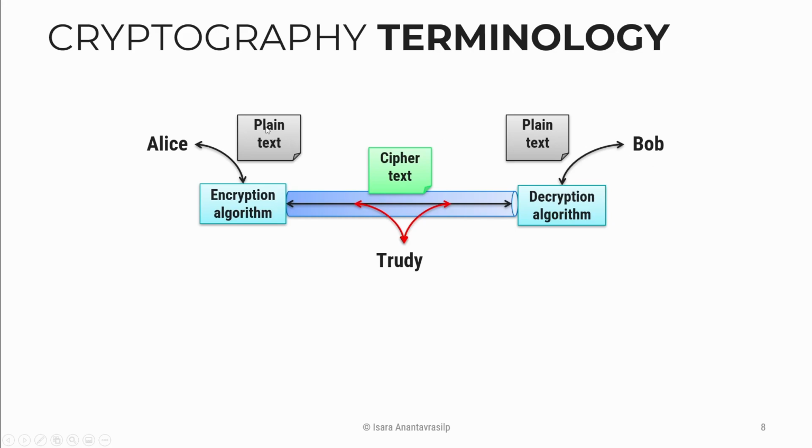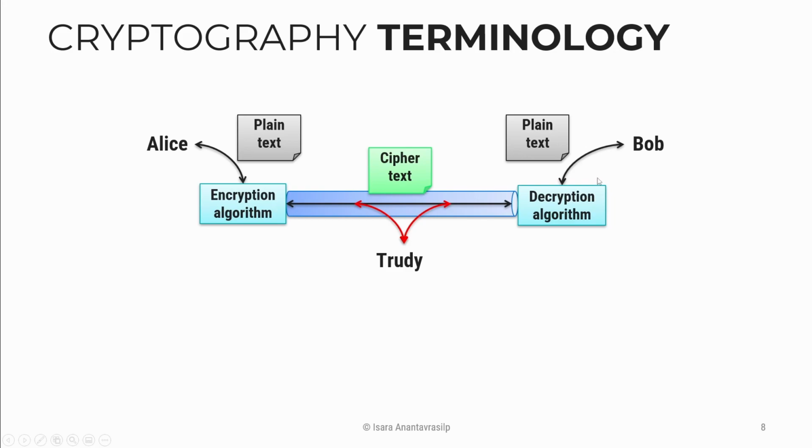In this case, we have plain text, which is the original text written by Alice. All right, she could put this plain text into an encryption algorithm. Okay, and once the plain text is encrypted, it transforms into what we call ciphertext or encrypted text. We're going to use these three words interchangeably in different contexts.